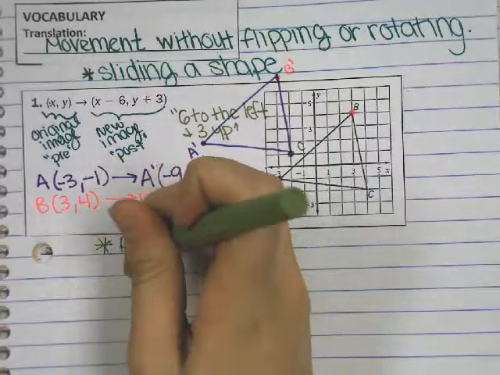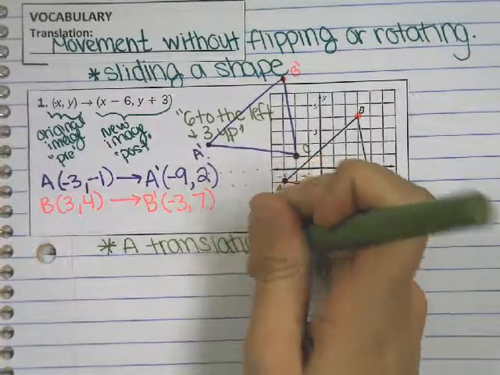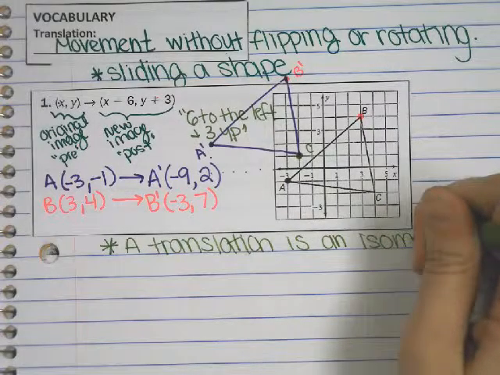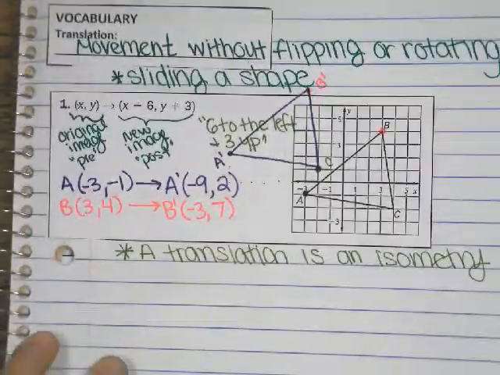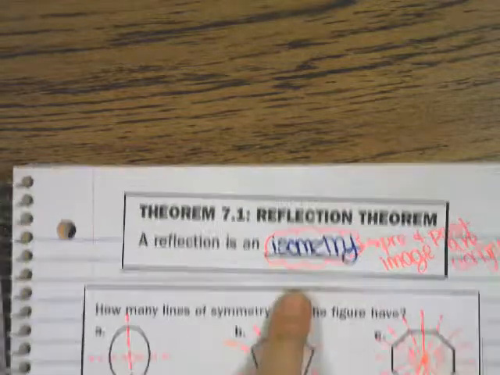We can say that a translation is an isometry. Okay, if you remember from our notes last time, flip back. Oops, I'm out of order here. Alright, an isometry, there it is.